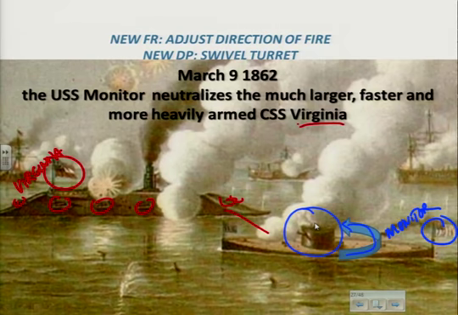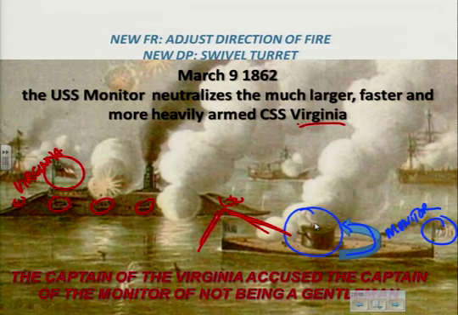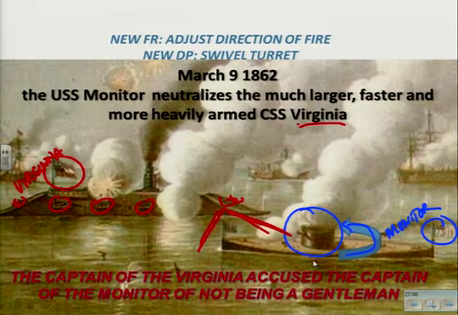So the Monitor has wisely positioned itself in this area where the Virginia can't fire. This so frustrated the captain of the Virginia that he accused the captain of the Monitor of not being a gentleman. A gentleman would have positioned his ship where it could have been sunk.